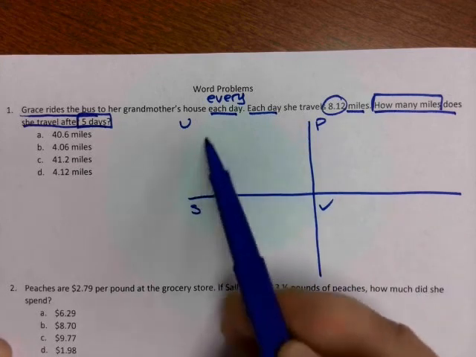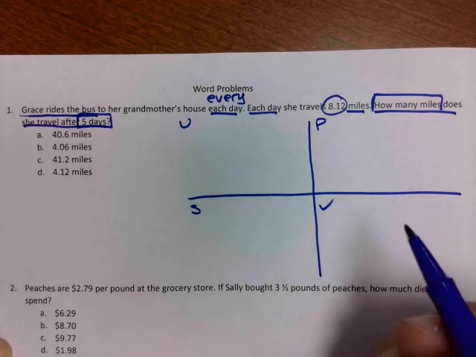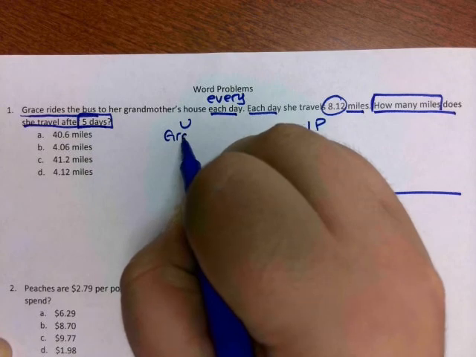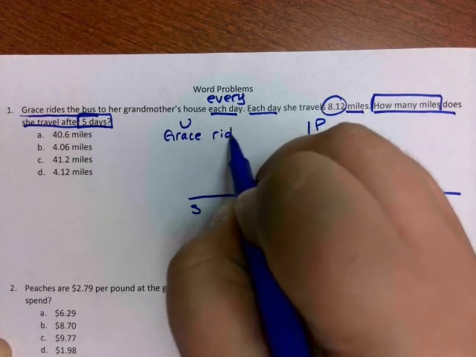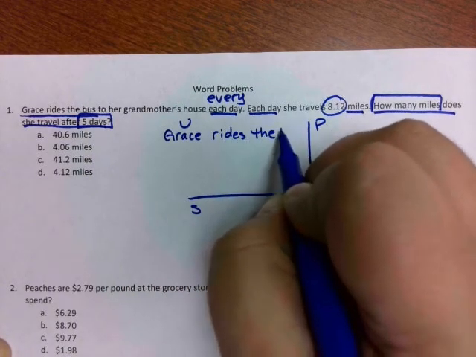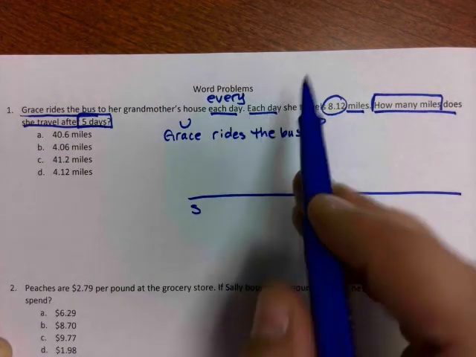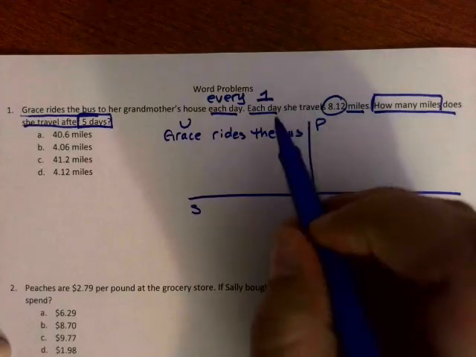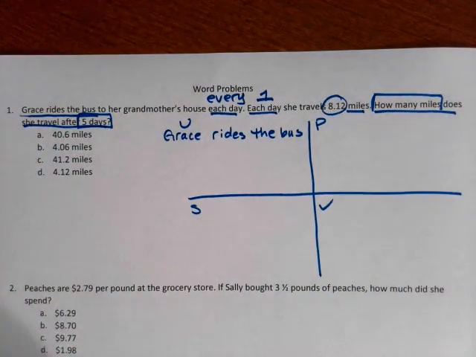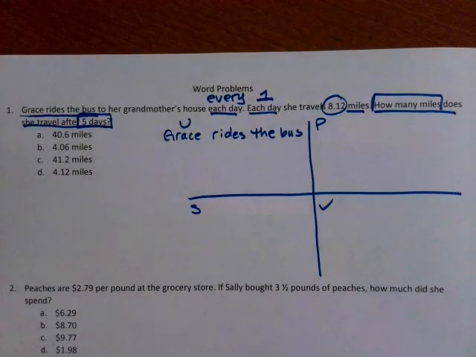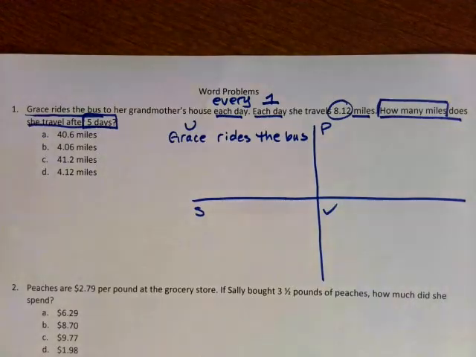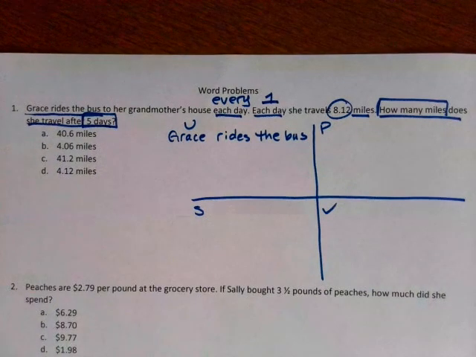All right, so let's talk about what we understand in this problem. First of all, we know that Grace rides a bus. We know that in each day, or one day, because each means one, my light turned off. And it's not coming back on.